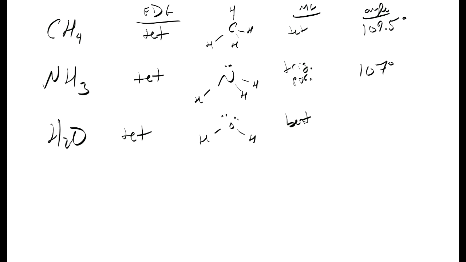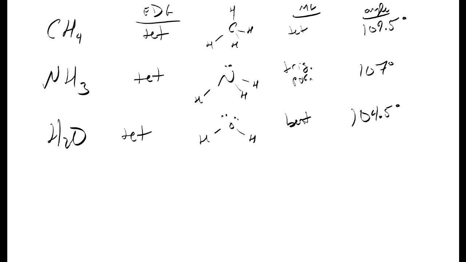These are well characterized, so we know those bond angles. And then water. Water has 2 non-bonding pairs, so they really, really squish, and it is down to 104.5 degrees. So big squish, big old squish. So non-bonding pairs always take up more space.